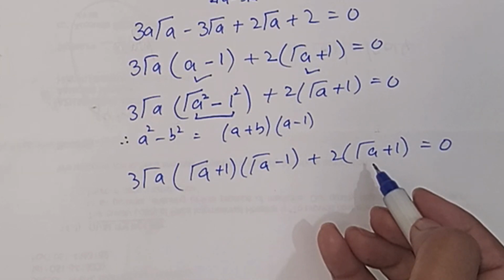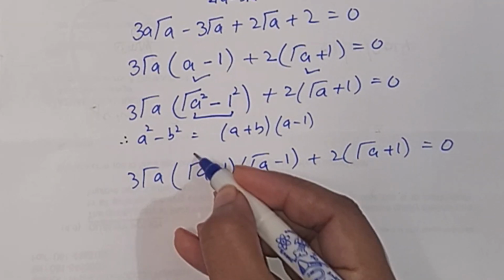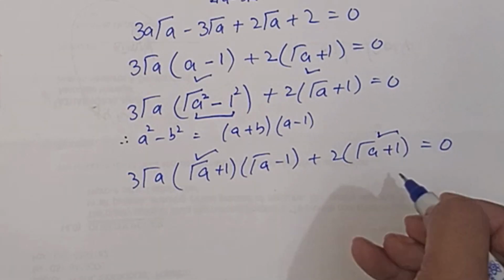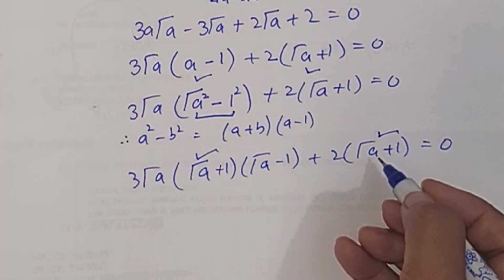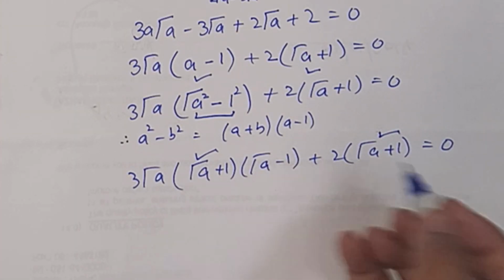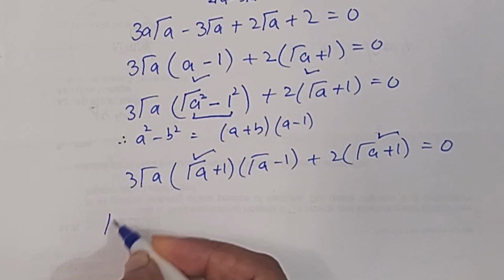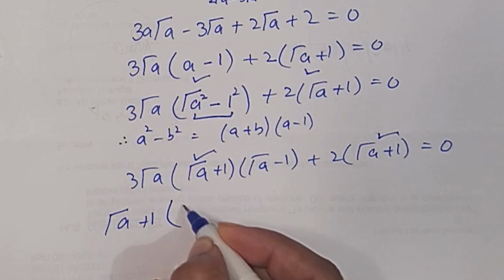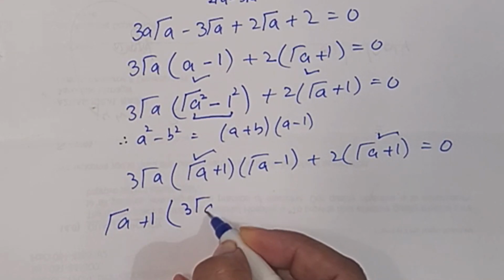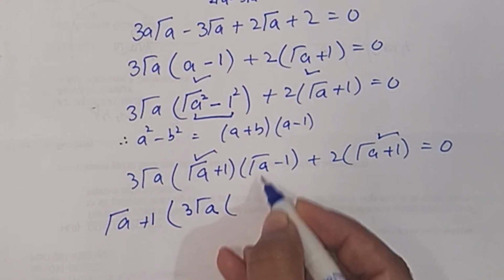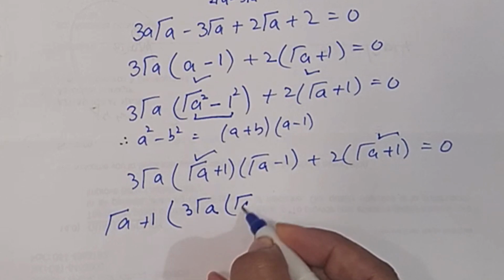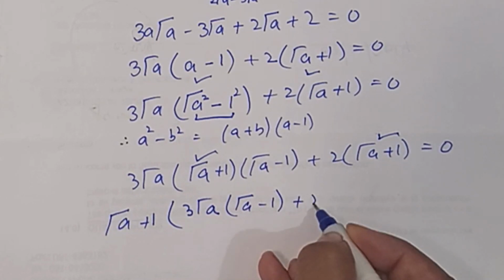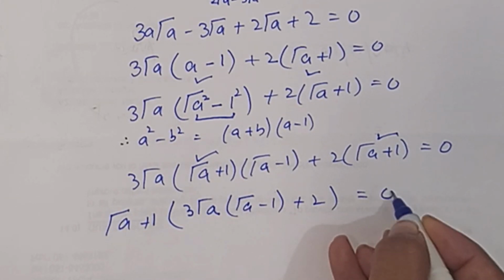Now look at this square root a plus 1 and this is also square root a plus 1. This is involved in these two terms, so we factor out square root a plus 1 and the remaining value is 3 times square root a times square root a minus 1 plus 2, it's equal to 0.